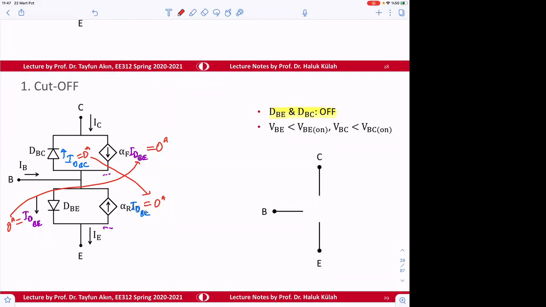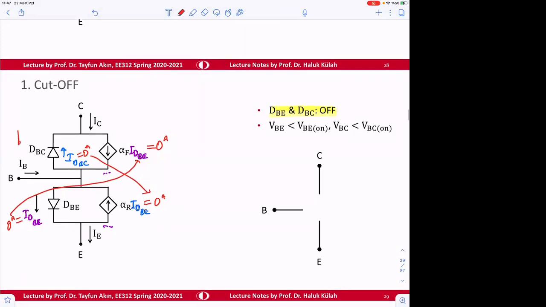So you know that in the model, if the diode is off, the diode is like this. Current source with 0 current means it's also off.